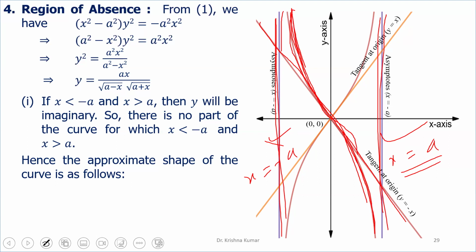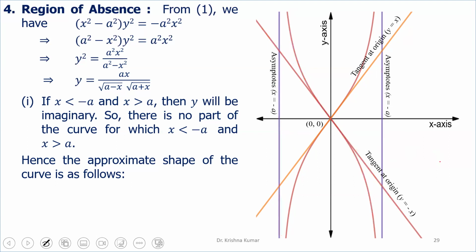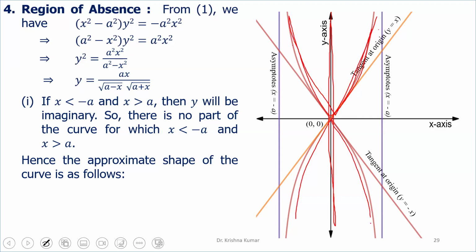And again, just look here, since it is symmetric about the x-axis, what we are getting in the upper side, we are getting in the downside also. Similarly, this curve is also symmetric about the y-axis. So if we fold it along the y-axis, we get the same type of curve; they overlap each other. So the curve is symmetric about the x-axis as well as the y-axis. So this is the approximate shape of the given curve. Thank you.